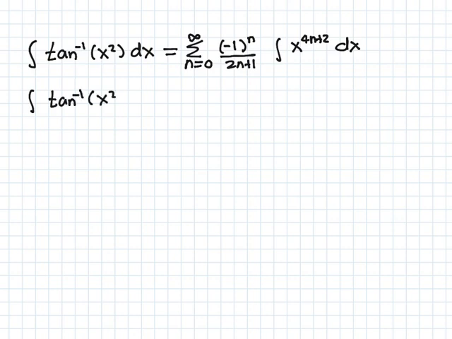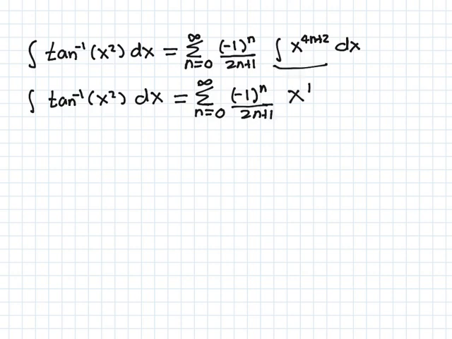Reverse the power rule, integrate this, we get x to the power of 4n plus 3, add 1 to the exponent, divide by the same, 4n plus 3, plus c.